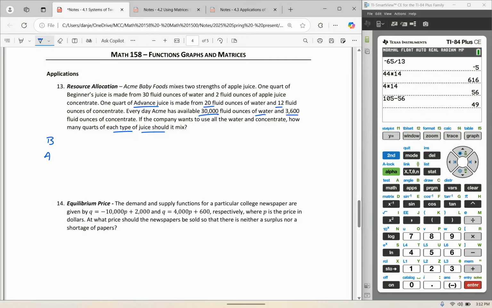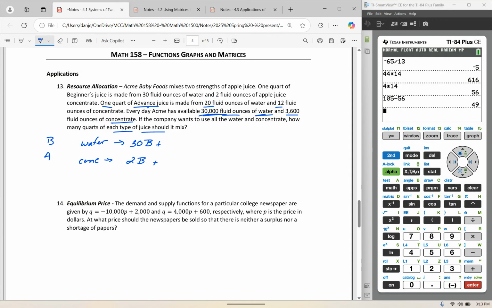Now, you'll notice that we have a total for the number of fluid ounces of both water and concentrate. So I'm going to have one equation for water and another equation for concentrate. For the water, let's back up. 1 quart of beginner's juice is made from 30 ounces of water and 2 fluid ounces of apple concentrate. So 30 ounces of water and 2 ounces of the concentrate go into the beginner juice.